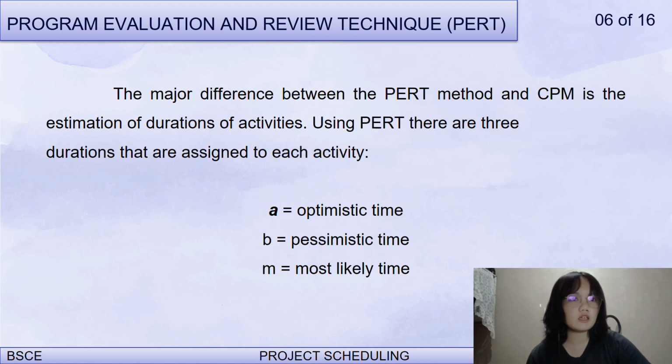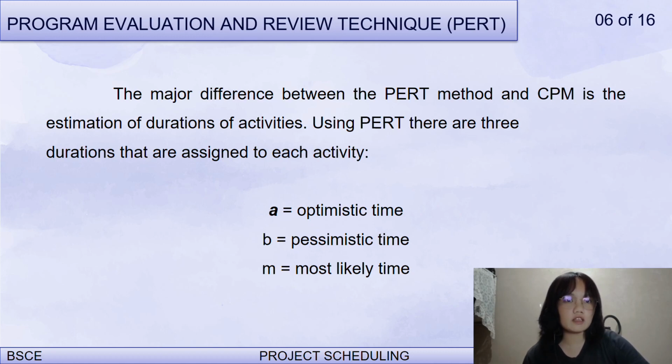Assuming that everything goes well, there is only a very small chance of completing the activity in less than this time. The pessimistic time is the longest time the activity could ever require. Assuming that everything goes poorly, there is only a very small chance of expecting this activity to exceed this time.